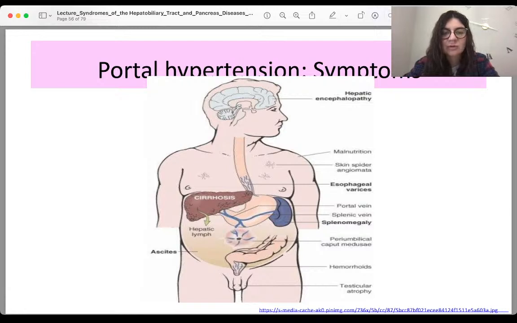It can be testicular atrophy, ascites, and different varices, like esophageal varices, enlargement of the periumbilical vein, which we name periumbilical caput medusae, and varices in the hemorrhoidal vein, which we name hemorrhoids.